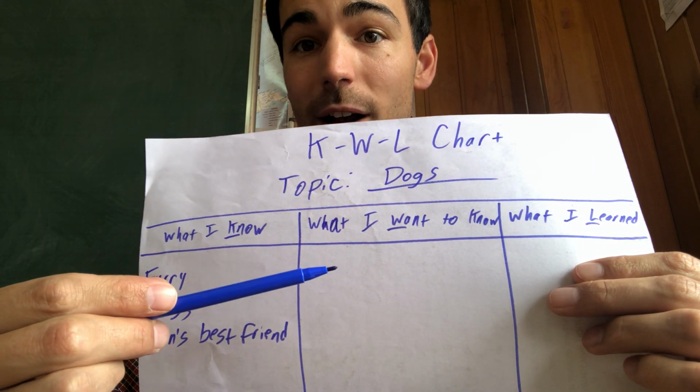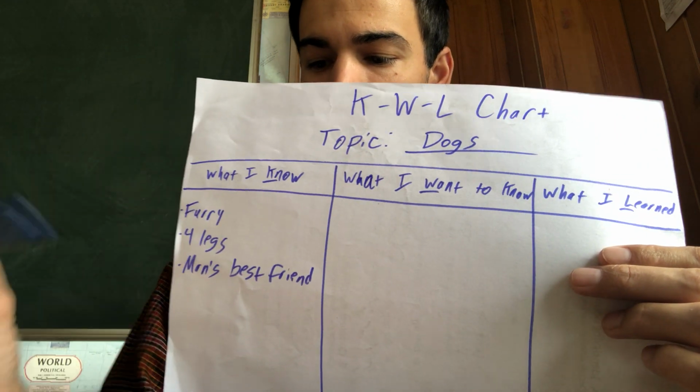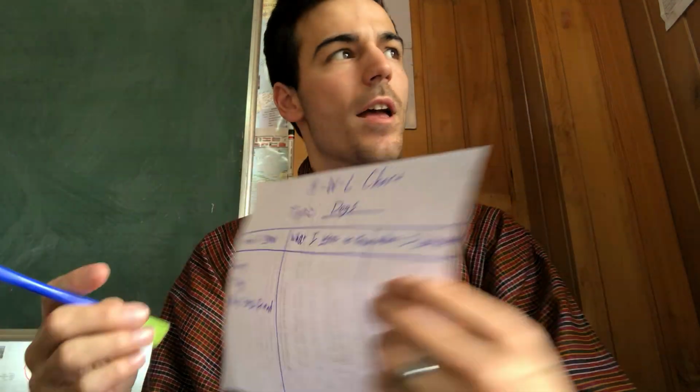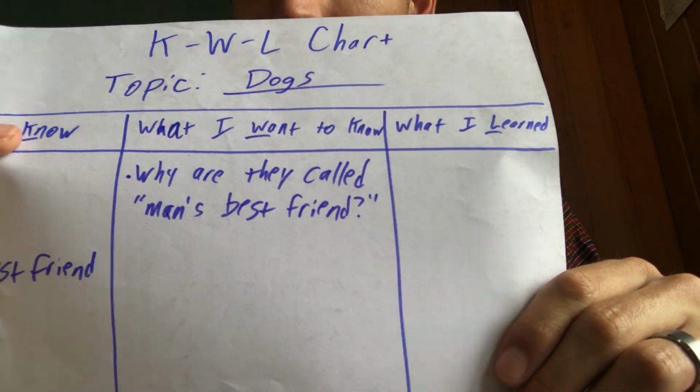Then we go to what we want to know. So maybe while you were making your list, you said, I know that they're called man's best friend. But then maybe you thought to yourself, why are they called man's best friend? You can write that in. Why are they called man's best friend?